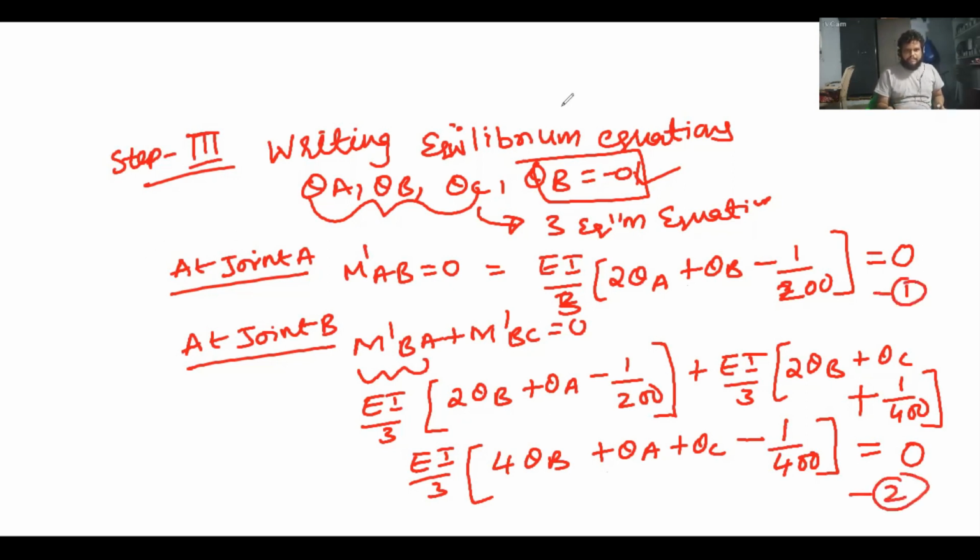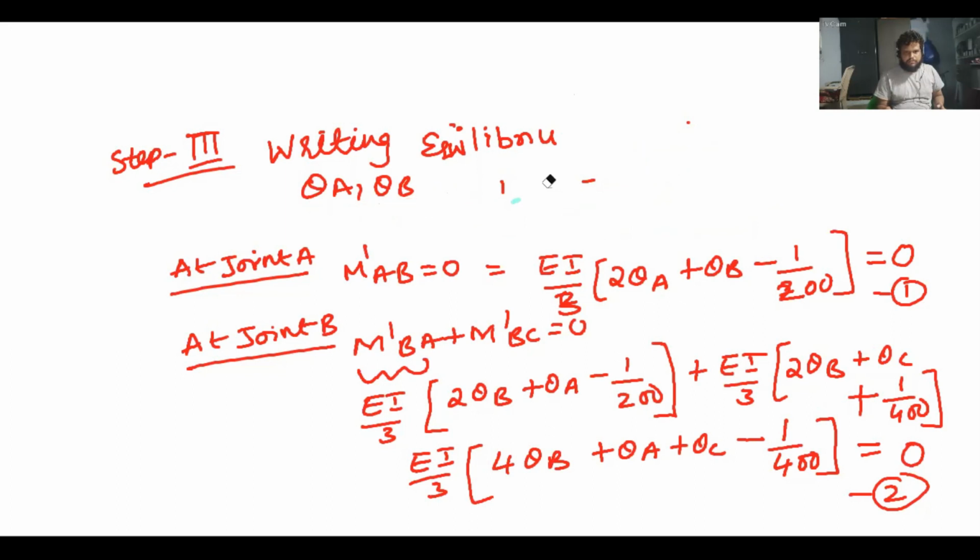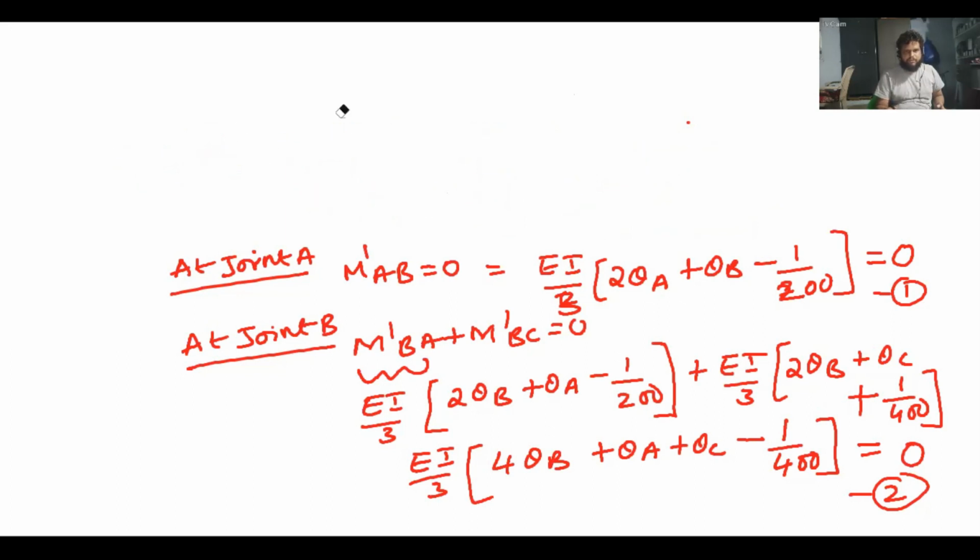Okay, now at joint C I will write the equation. At joint C, M dash CB plus M dash CD equal to 0.